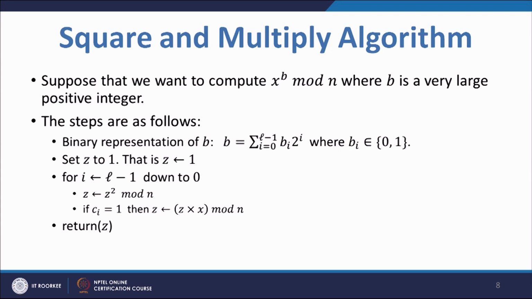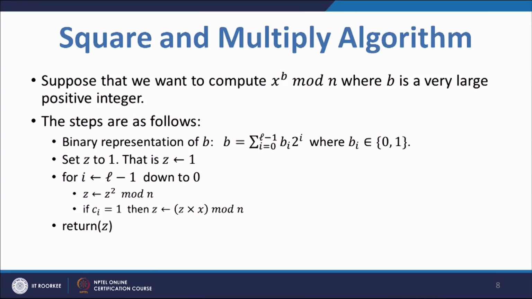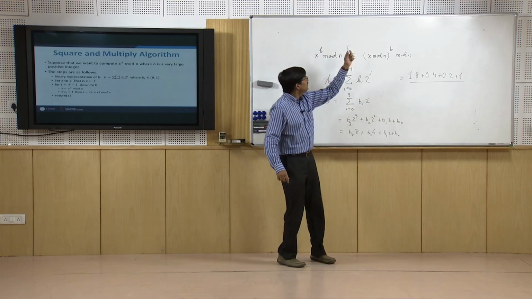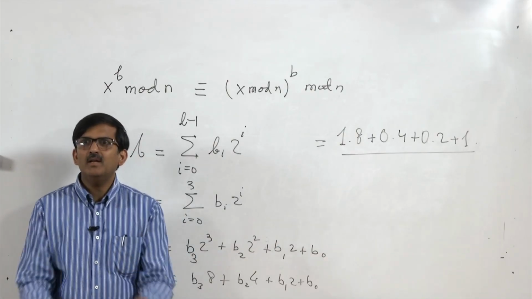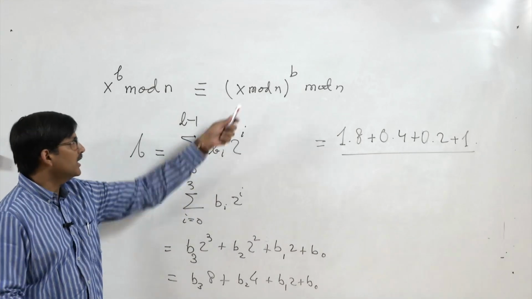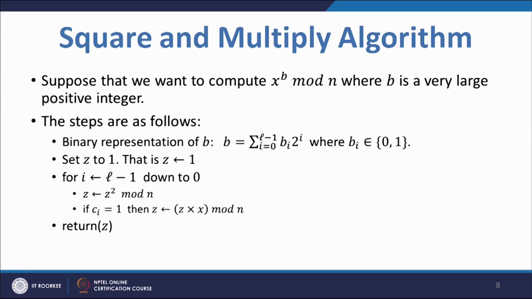Initially z is 1, so we square it. We square z and take modulo n, because we are determined to reduce the size of the number we are handling at each step.